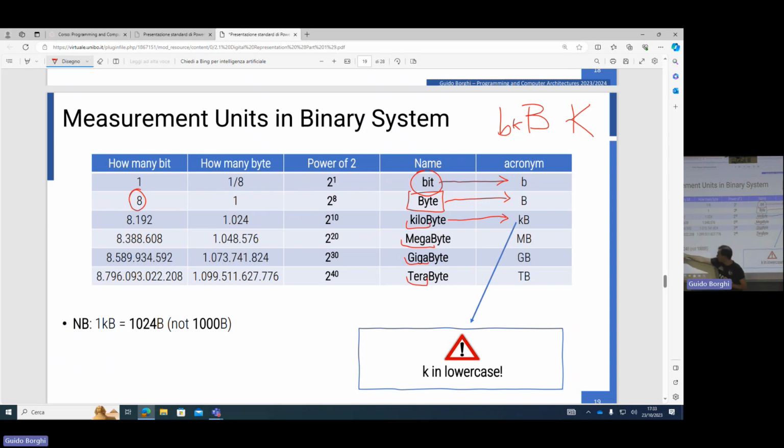Okay, in this case, 1 kilobyte is 1024. Okay, that's why when you buy a USB pen, you can see maybe 8 gigabytes, you plug your key and you can see another number, not 8,000 or 8,000 bytes, but another number. Okay, why? Since here we are using the powers of 2, okay, not the powers of 10. Remember this element.